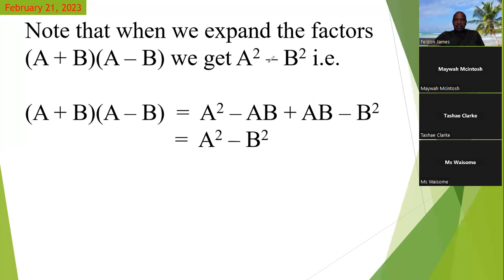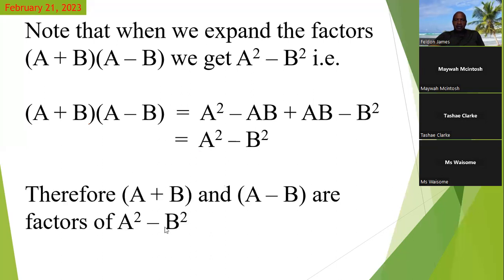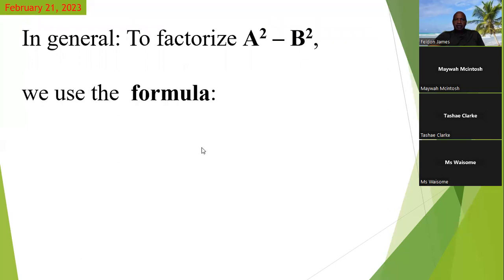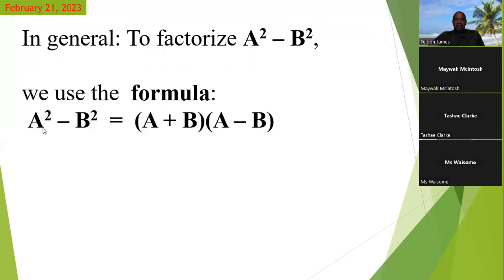Whenever we see a difference of squares, we are going to treat it as a formula, and the formula would be a squared minus b squared. Once you get a difference of squares and you factorize it, you would get what? A plus b times a minus b.